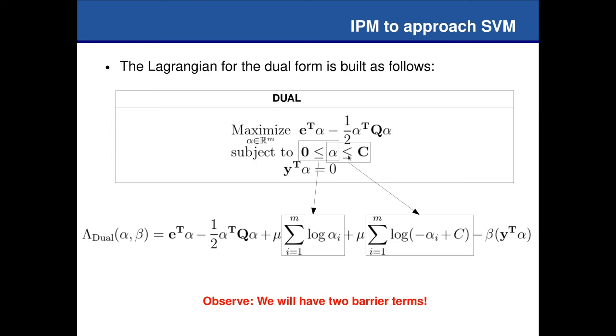When I have 0 smaller than or equal to c minus alpha, I can solve my log as c minus alpha. And that's what we have here. Our barrier for the, let's call it this, some virtual point 0, because 0 is smaller than or equal to c minus alpha brought up to the right.